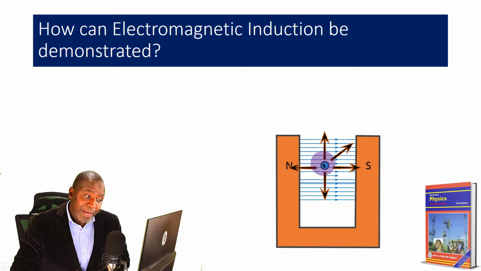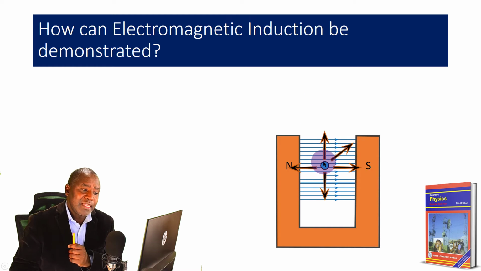In a situation whereby the conductor is stationary, there is no relative motion and therefore no induced EMF. Again, magnetic field lines are not being cut. But in this first situation where the conductor is moving upwards or downwards or at an angle, magnetic field lines are being cut by the conductor and there is relative motion. First of all, we start by saying there is relative motion between the conductor and the magnet, and that the conductor is cutting the magnetic field lines.